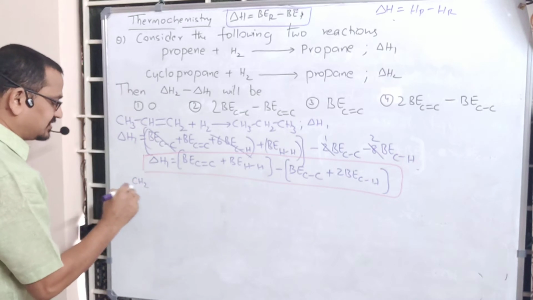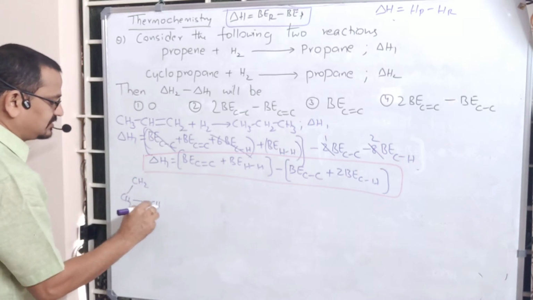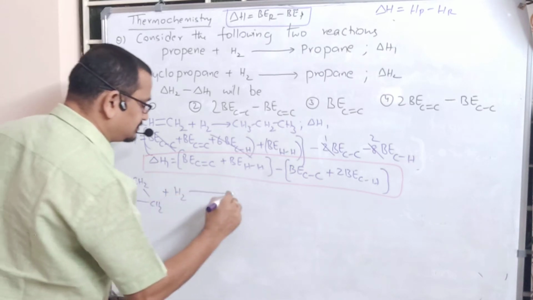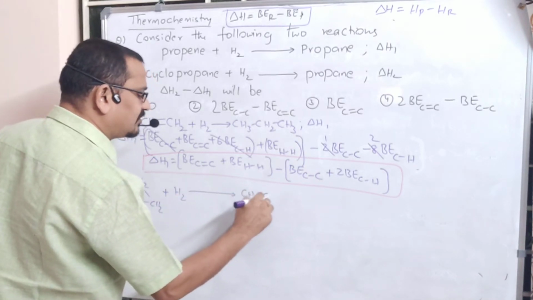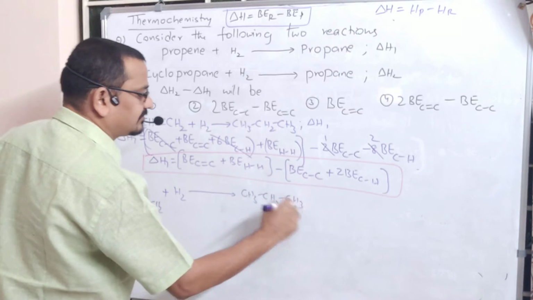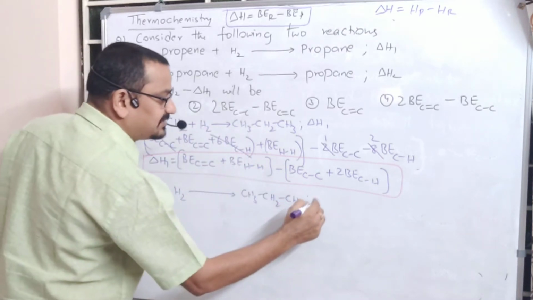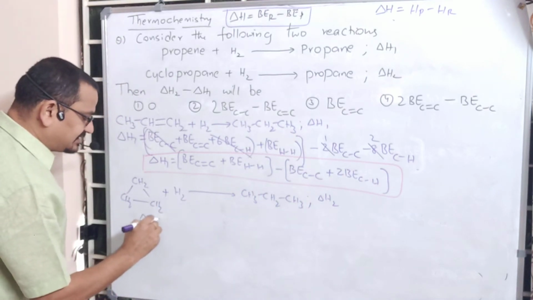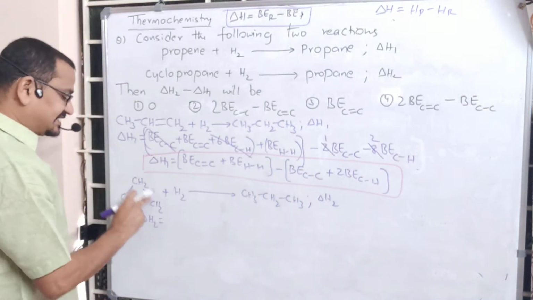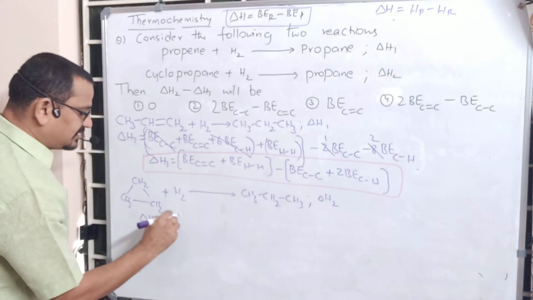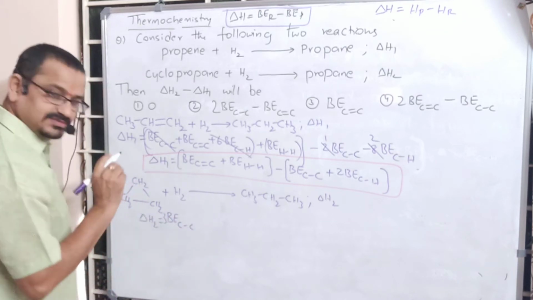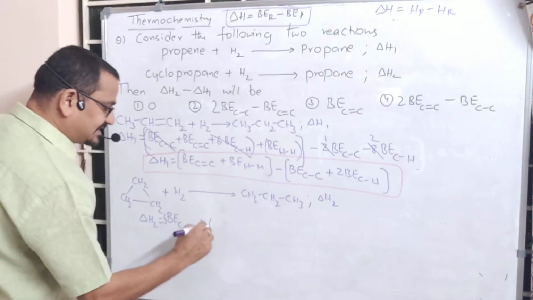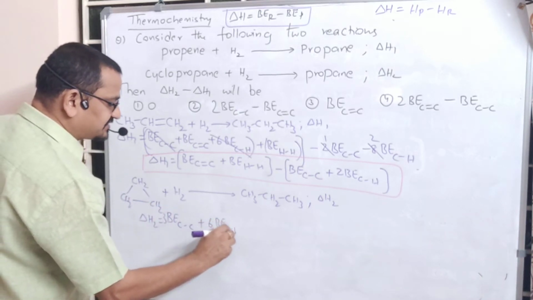Cyclopropane, CH2, CH2, CH2. Cyclopropane, when subjected to reduction, gives again the same propane, aliphatic propane. This enthalpy change is given as delta H2, which can be calculated as delta H2 equals how many C-C bond energies? Bond energy of C-C given 3 times plus how many C-H bonds? 6 times the bond energy of C-H.